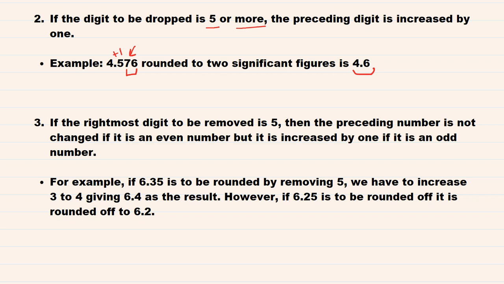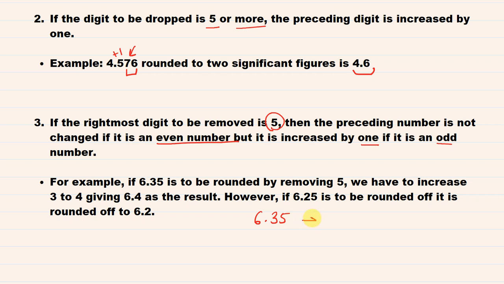Now, rule number 3 says if the rightmost digit to be removed is 5, then the preceding number is not changed if it is an even number, but it is increased by 1 if it is an odd number. Let's see the example. We have 6.35. We need to remove the 5 to round off this number.